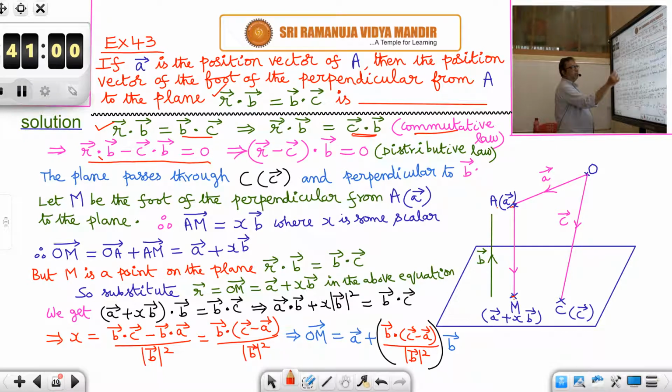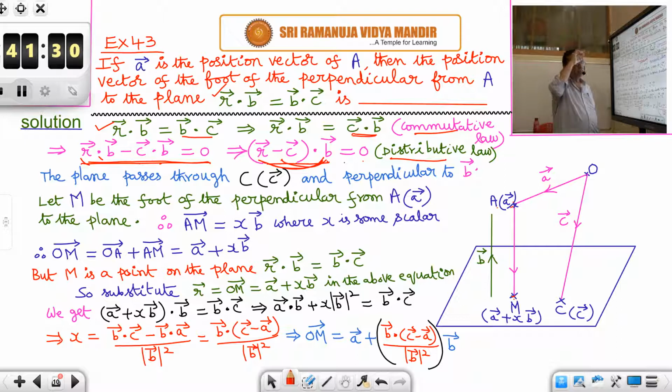B bar can be taken common, so in the bracket you get R minus C dot B bar, because this is what is called the distributive property of the dot product. You will get R dot B minus C dot B is equal to 0. Same thing is here. So R bar minus C bar dot B bar is equal to 0 is the equation of which plane?